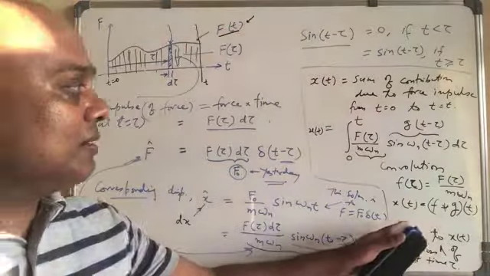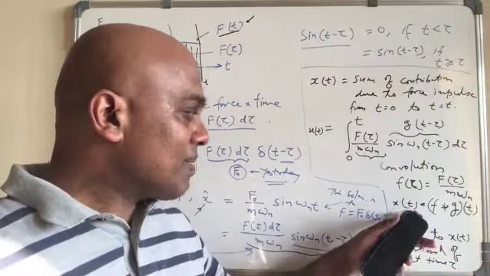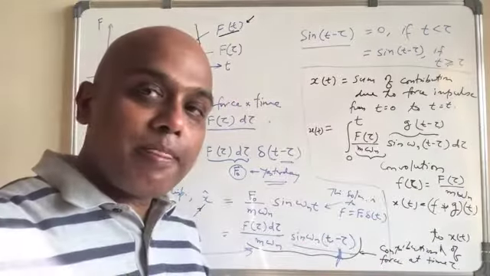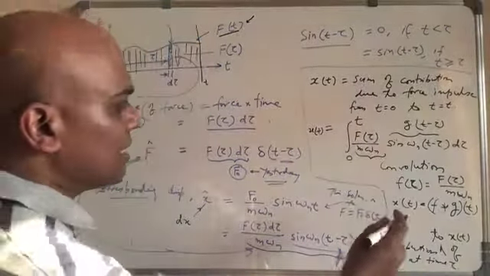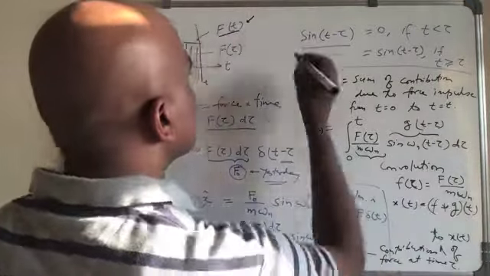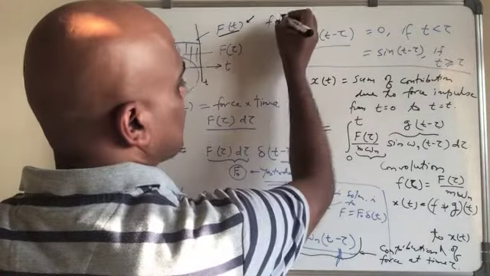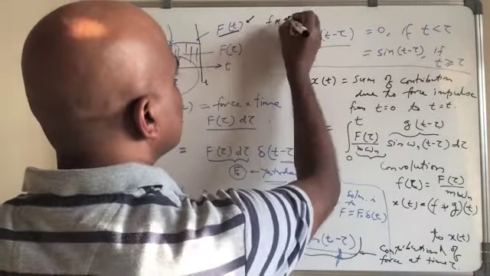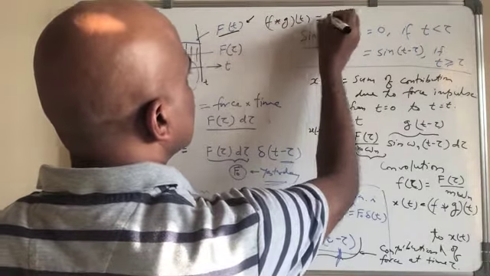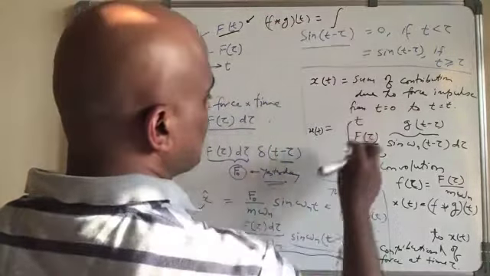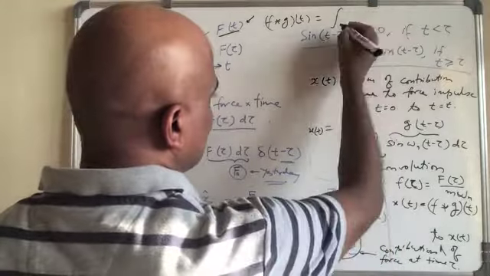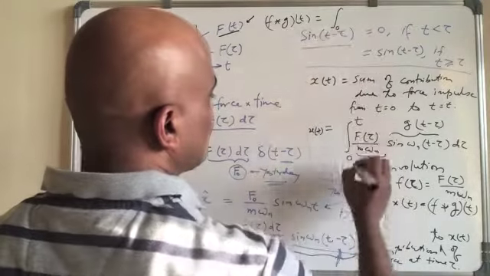So basically, let's write it here. Convolution means f star g. Typically it could be 0 to t or 0 to infinity. Let's write 0 to t only.